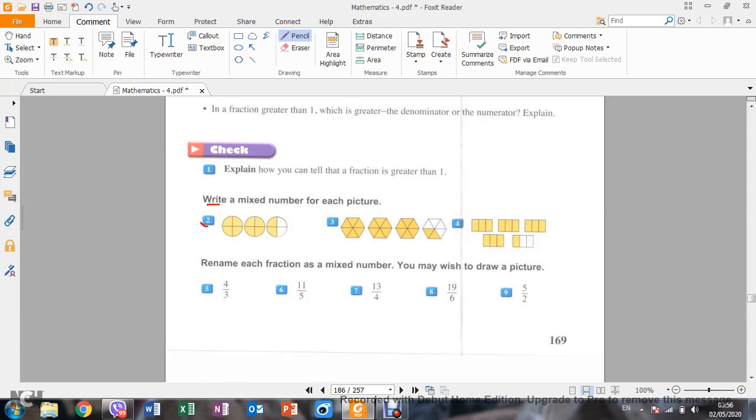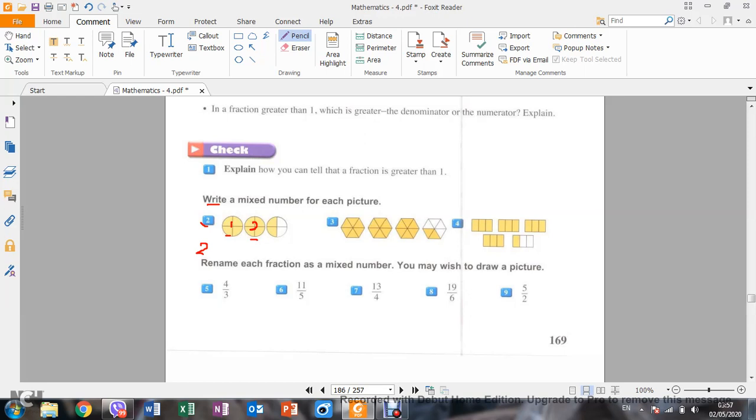The first picture has 3 circles, and 2 of them are fully colored. So this 2 means our whole number is 2.